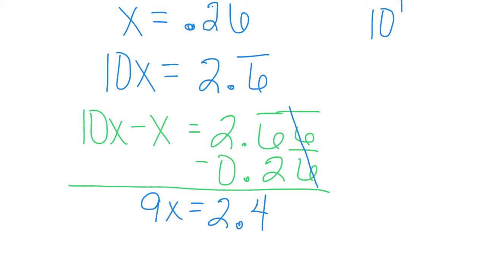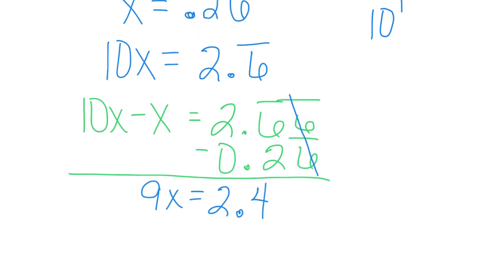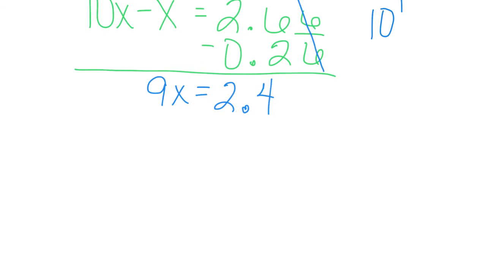Well, how are we going to get rid of this now? That's a good question. If we divide both sides by 9, we have the small problem that there is now a decimal inside of our fraction. Well, we don't want a decimal in our fraction. So how do we get rid of it?